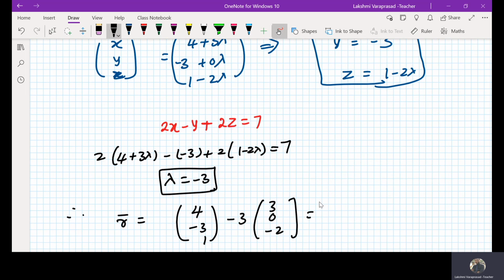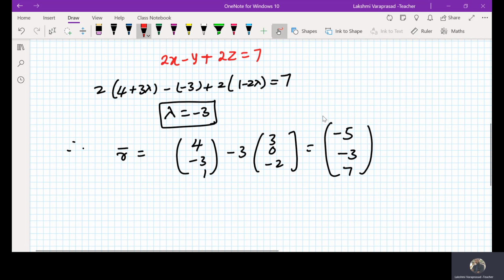Calculating that point: 4 minus 9 is minus 5, minus 3 minus 0 is minus 3, and 1 plus 6 is 7. So what is this? This point is called the intersection point.